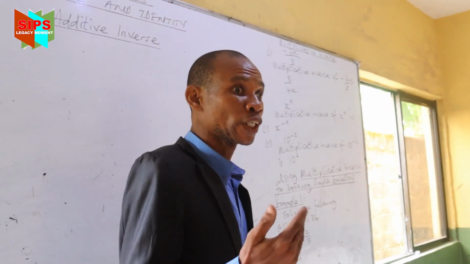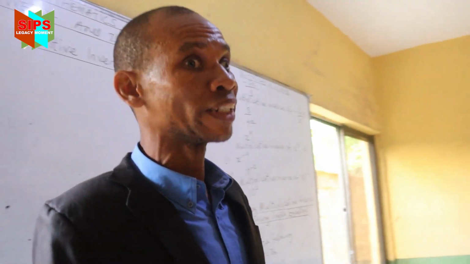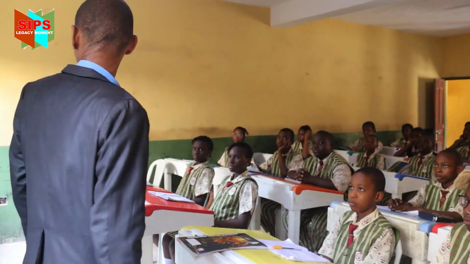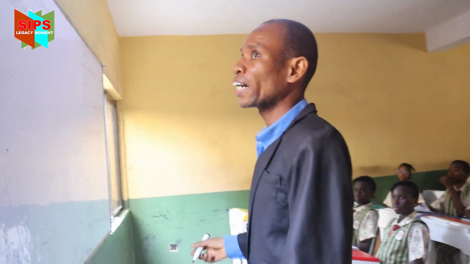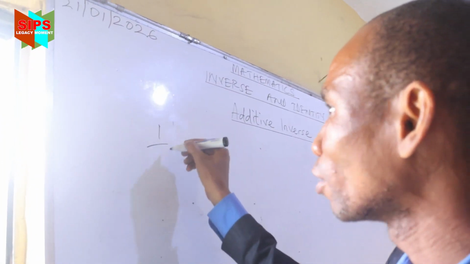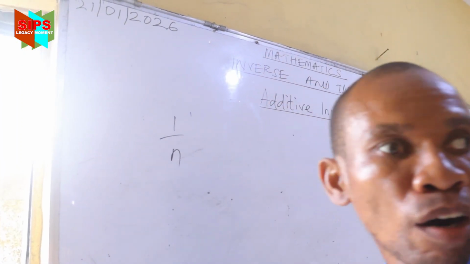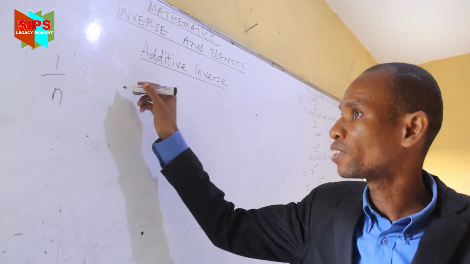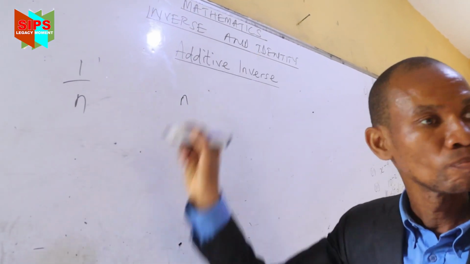So inverse can be said to be 1 over that number. In that sense, you can say it is the reciprocal of a particular number. For instance, the inverse of 1 over n is the same as n.